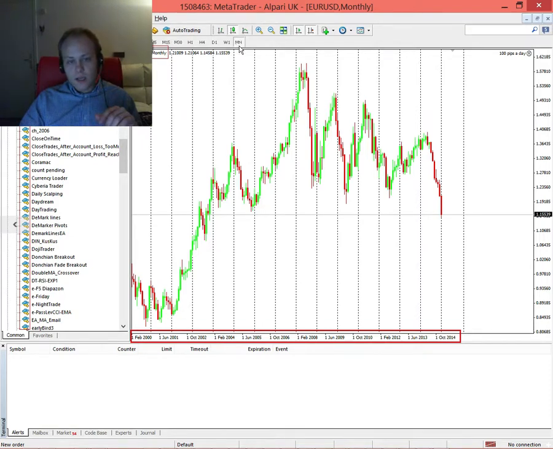I selected a monthly period, so each cube over here is one month. You can go back to the year 2000, and you see 2001, 2002; between the lines is one year. You can see what happens with the graph each year. Also, you can see that we had a crash in 2008, and at the moment we also have a downtrend of the Euro USD.